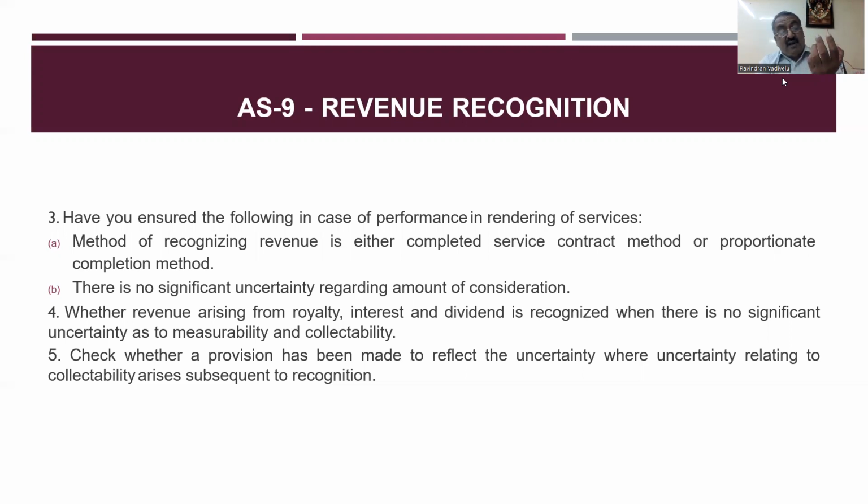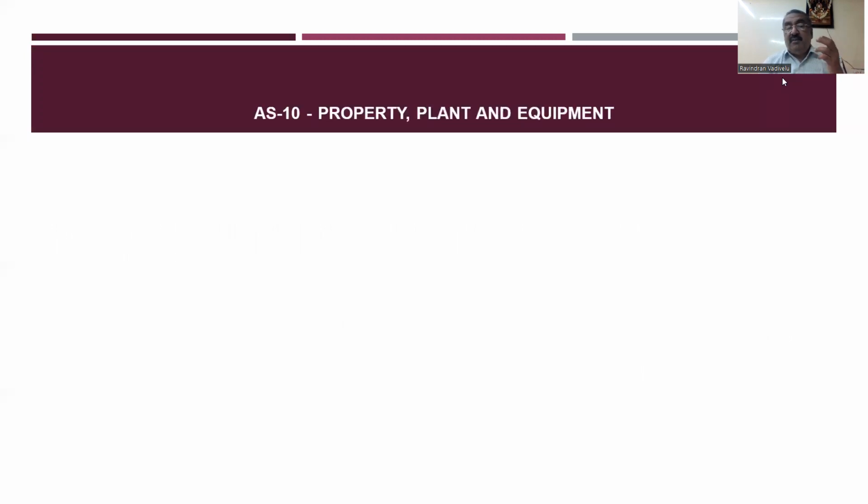I am not assured of the money, but I have completed the work. The possibility of recovering the service income is not assured. So you have to report that separately, and as a practicing unit, you have to see whether those types of income recognition, that is revenue recognition, are there in the accounts by the party.